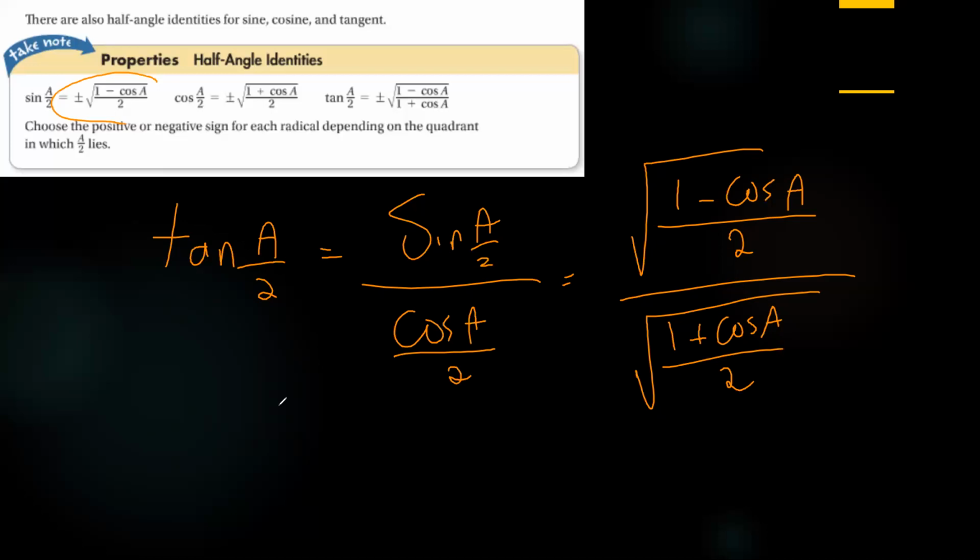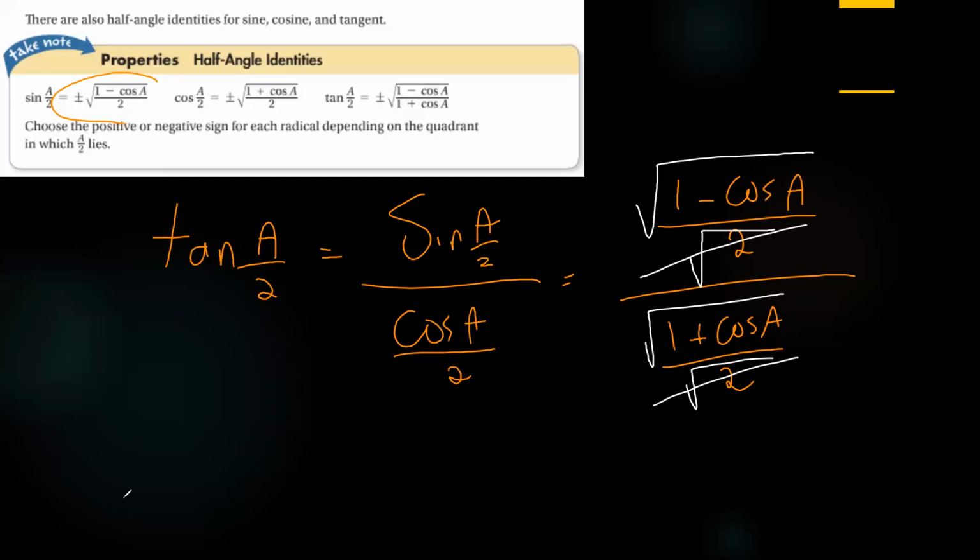It can be distributed over the numerator and the denominator. So I will distribute the square root on the numerator and denominator. Then the 2s cancel each other. So I can write it in common as the square root of (1 minus cosine A) over (1 plus cosine A).